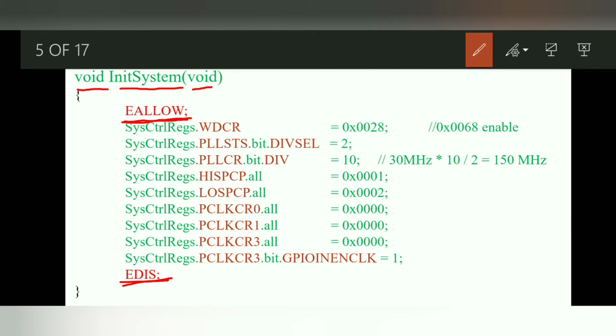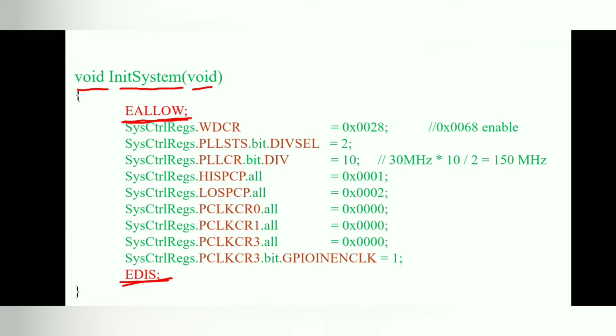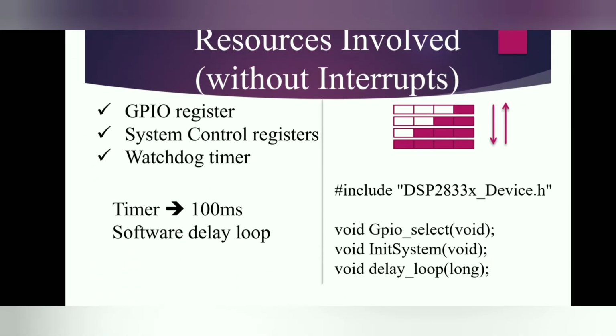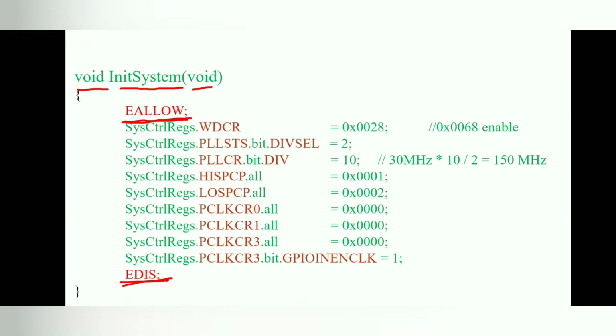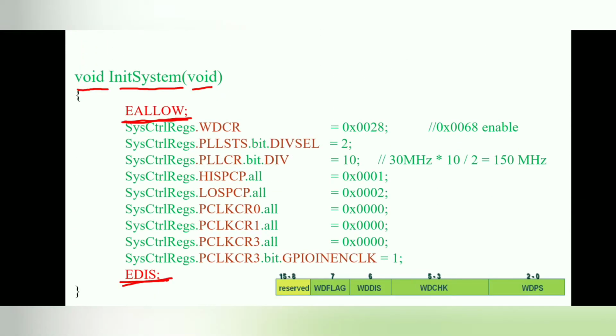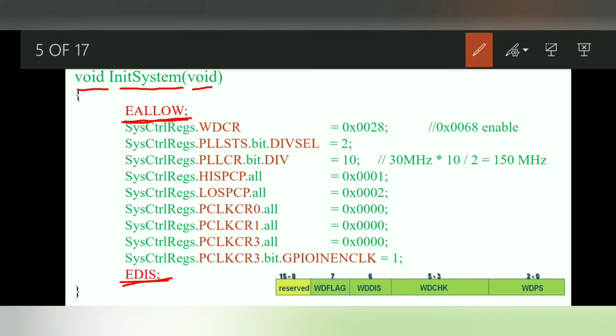So after using EALLOW, first we will see the watchdog control register, WDCR. As we know, this is our watchdog control register. It is 16 bit, where bits 8 to 15 are reserved, and we need to initialize a total of 8 bits. First I'm not going to use the watchdog counter register. First I'll disable it. For the disabling I'm just writing 0x0028.